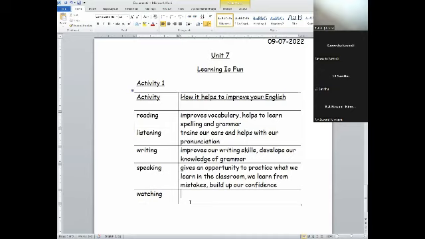Watching develops our vocabulary, speaking and listening abilities.